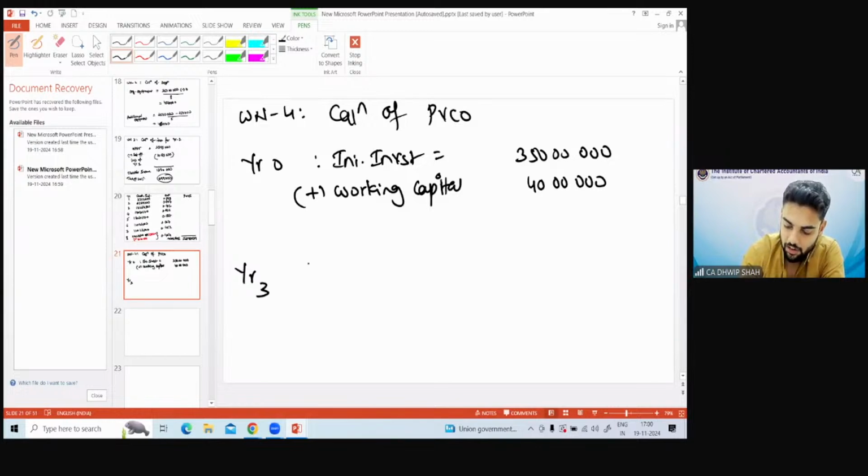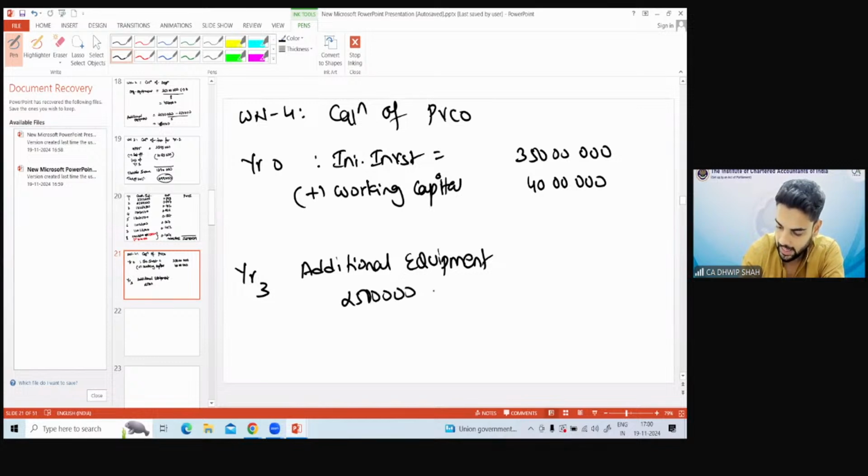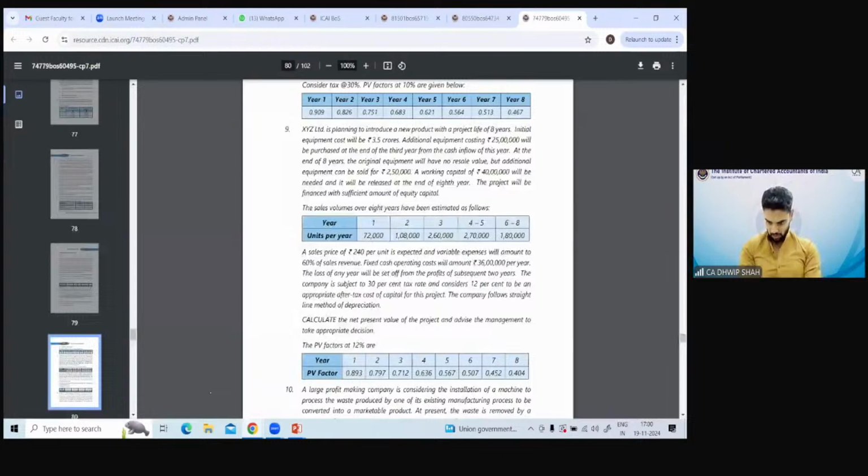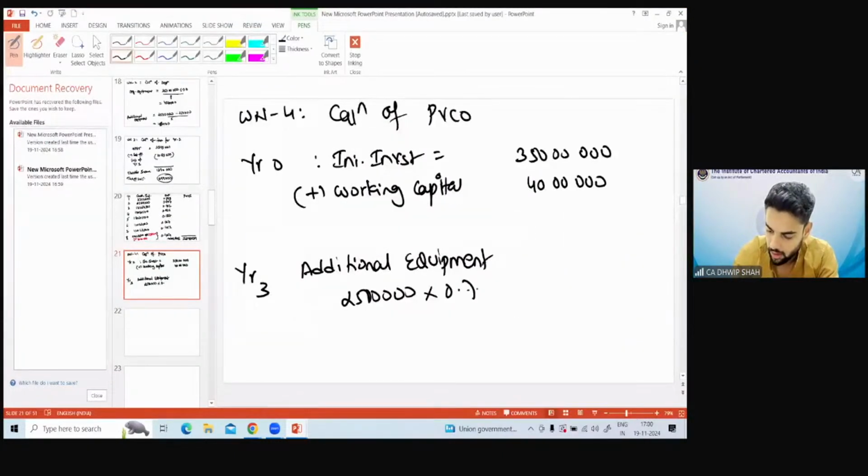But at the end of year 3, we will purchase additional equipment of 25 lakh. Since this cost will be incurred at the end of year 3, we need to discount. Discounting rate for year 3 is 0.712. 25 lakh into 0.712 is 17,80,000.